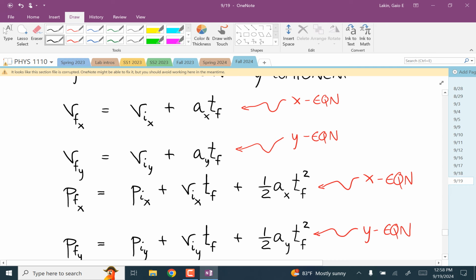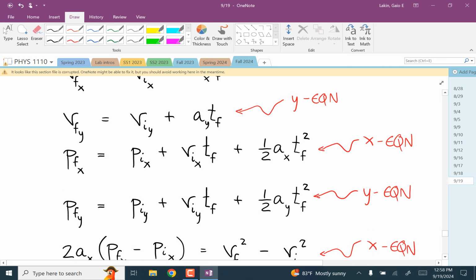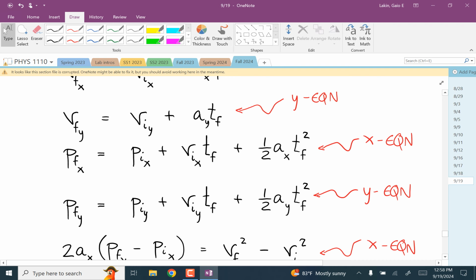So there are going to be a lot of cases where we'll use the y equation to calculate time final, and then plug that value of time final into the x version of the same equation. That's going to be a really common thing in 2D. That's the unique strength of finding time final: you can cross between the 2 different components.